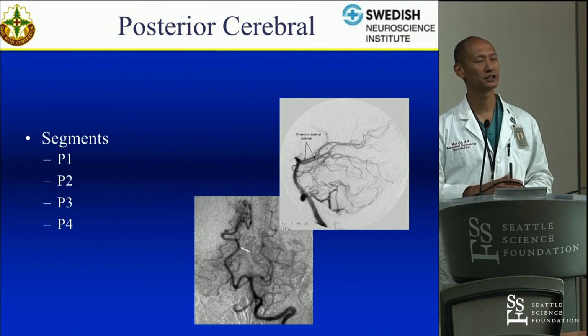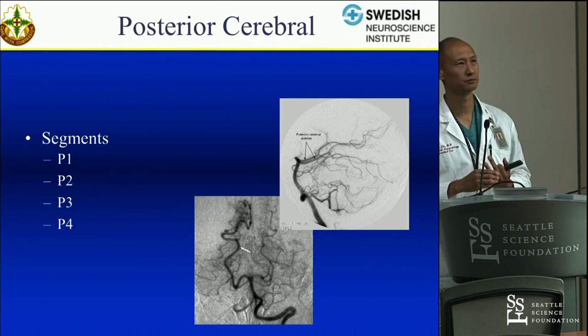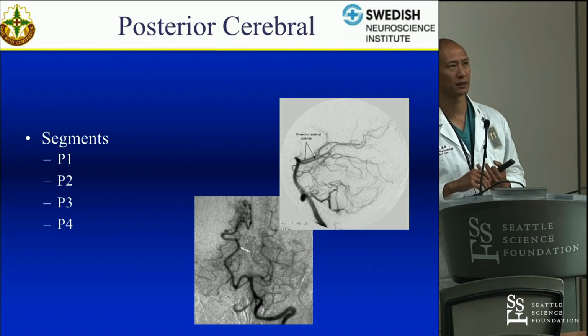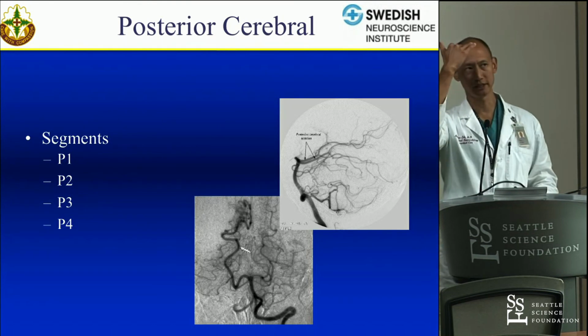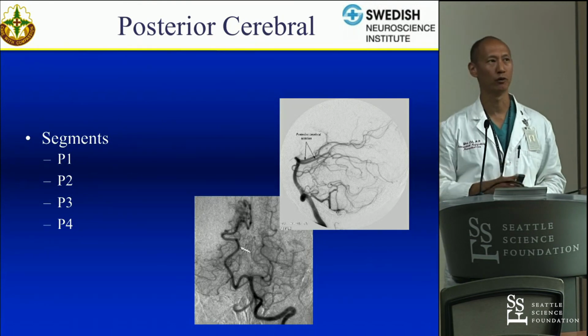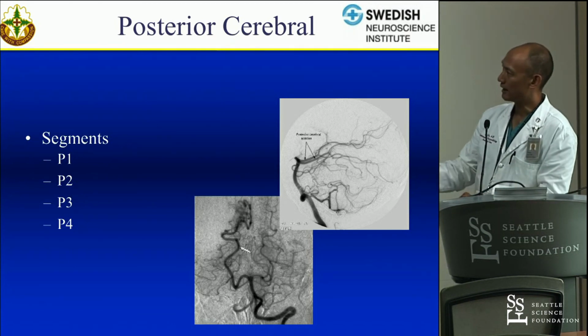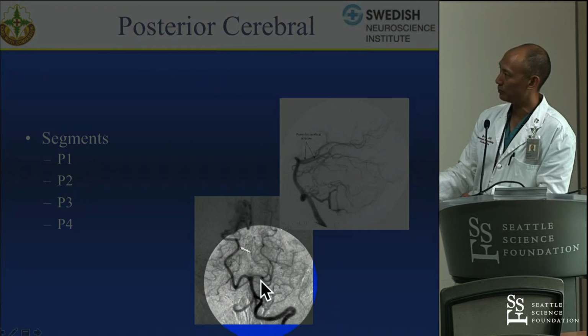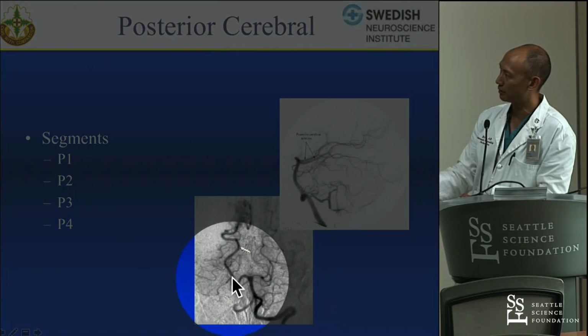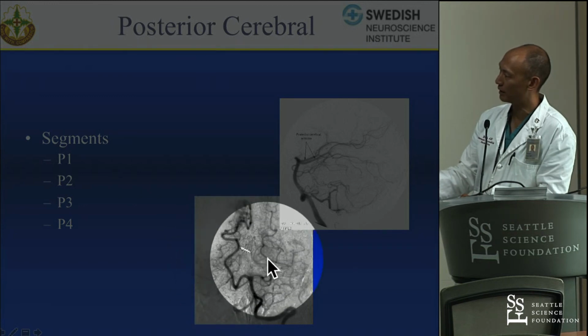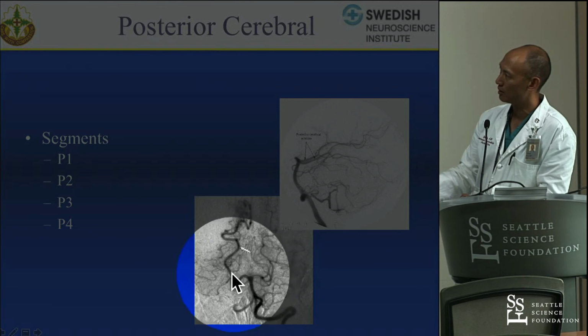Here, just to follow on to Dr. Tubbs's talk about the segments of the PCA, I mentioned that the Stenvers view is actually a good view for looking at the cortical branches of the PCA, and here's a good example of that. You can see the P1 segment, the precommunicating segment, and then the P2 segment, which is broken down into the peduncular and the ambient segments. You can imagine there's a midbrain here, looking at an angle.